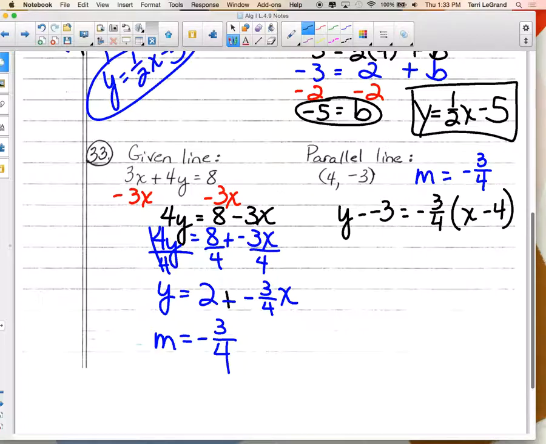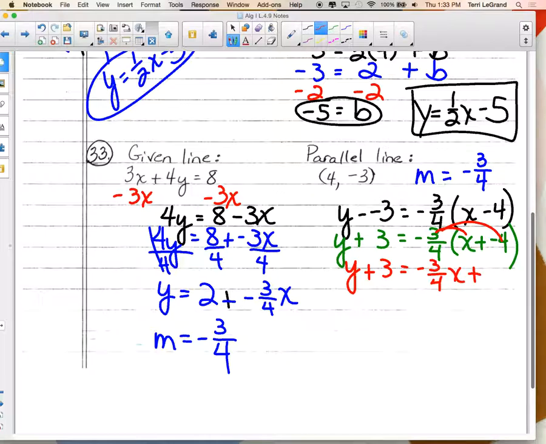Now I gotta do distributive property. Okay, seriously. y plus 3 equals -3/4 x. What's 3/4 of 4? 3.